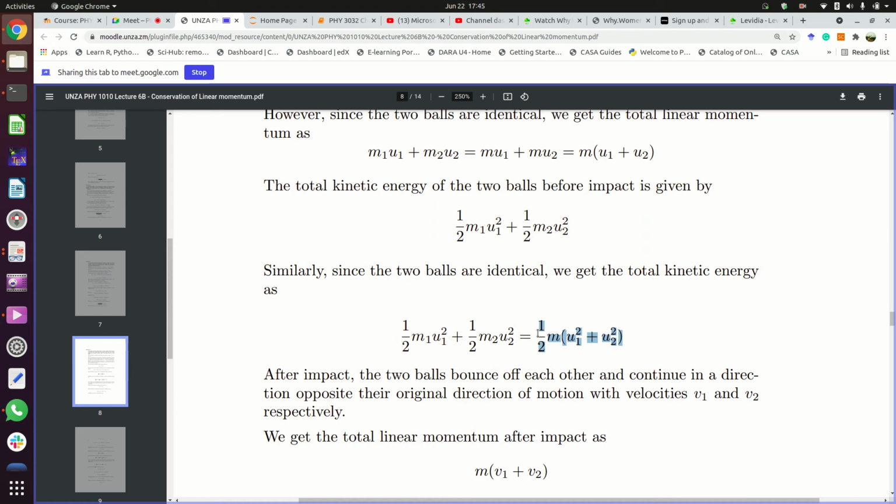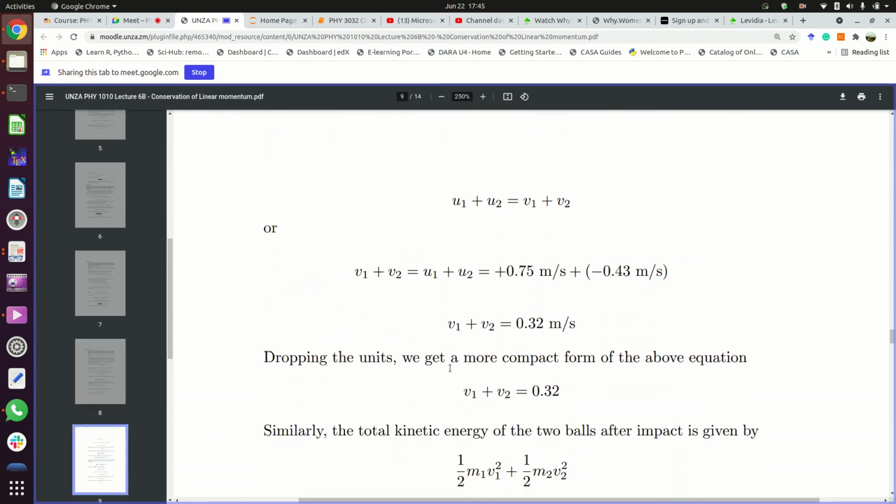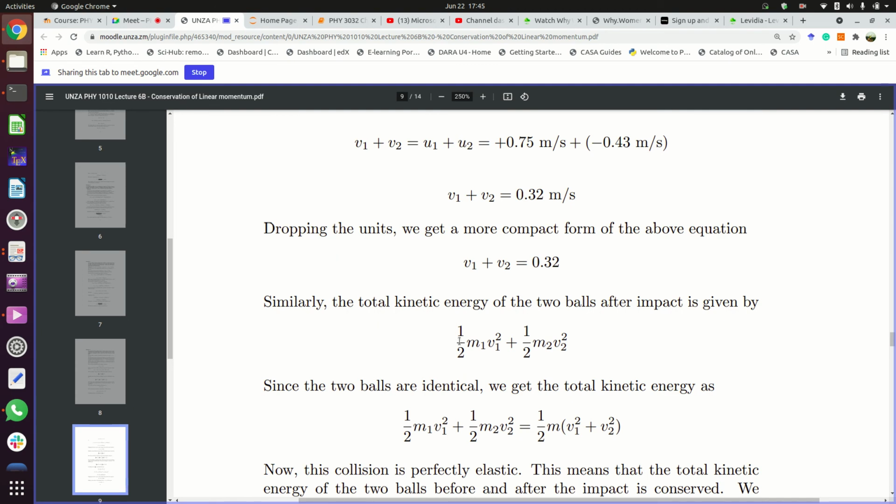After finding the total kinetic energy before these balls collide, we can in similar fashion work out the total kinetic energy after the balls collide by following the same thing we have done here. So the total kinetic energy after the balls have collided is going to be half m1 multiplied by v1 squared plus half m2 multiplied by v2 squared.